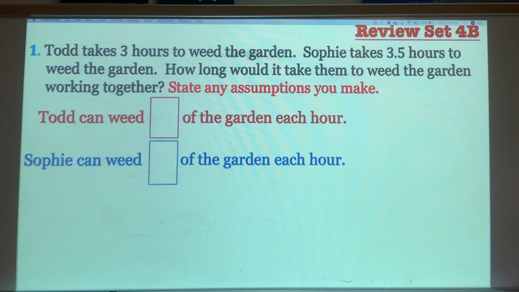All right, so first one, you got to state any assumptions. You got Todd and you got Sophie. They both meet. You're going to do the inverses of both of them.